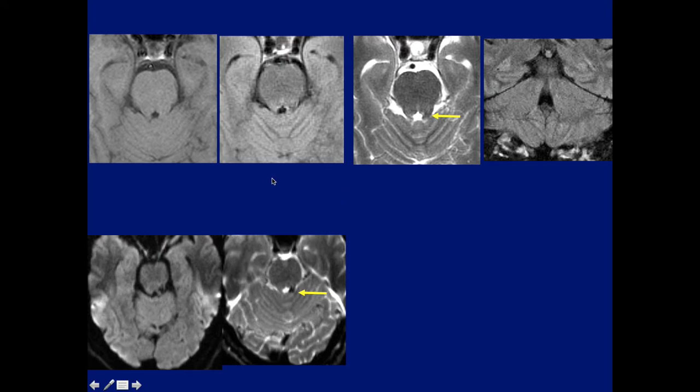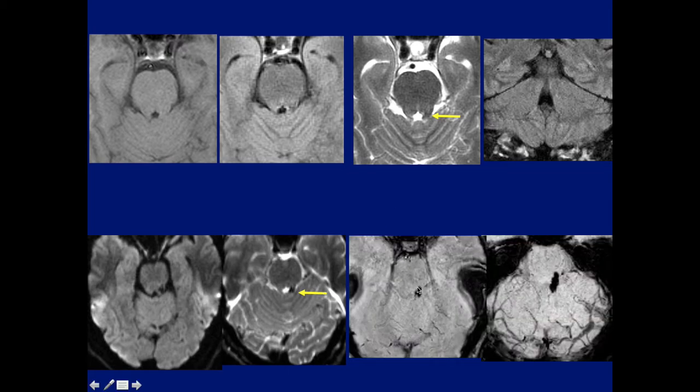This is another lesion, not so obvious what is going on here. The superior cerebellar peduncle looks a little dark, but if we look at the SWI images, notice the marked blooming, and this, of course, is a cavernoma involving the superior cerebellar peduncle.